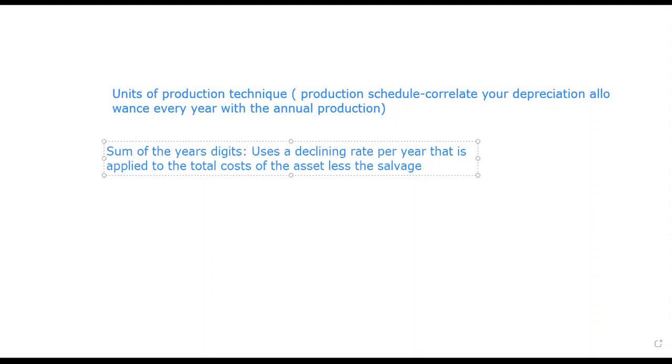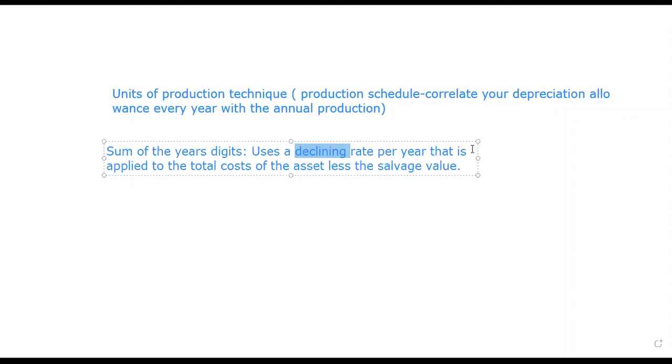So at first, we use cost minus salvage. Again, we are using a declining rate, but we consider salvage at the beginning, differently from the double declining balance technique. And again, we determine the rate by a fraction.